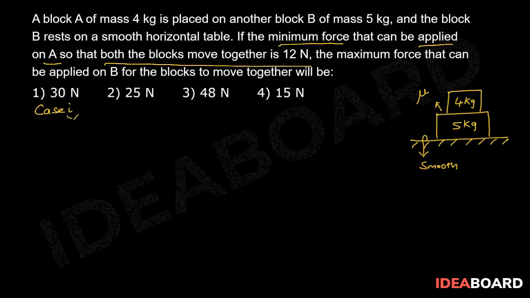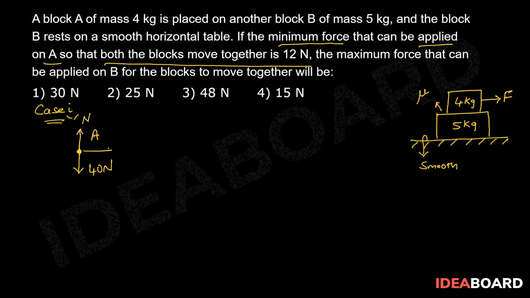In case 1, the applied force is on block A. Its weight, 40 newtons, acts vertically downwards. Normal force given by the 5 kg block will act vertically upwards.